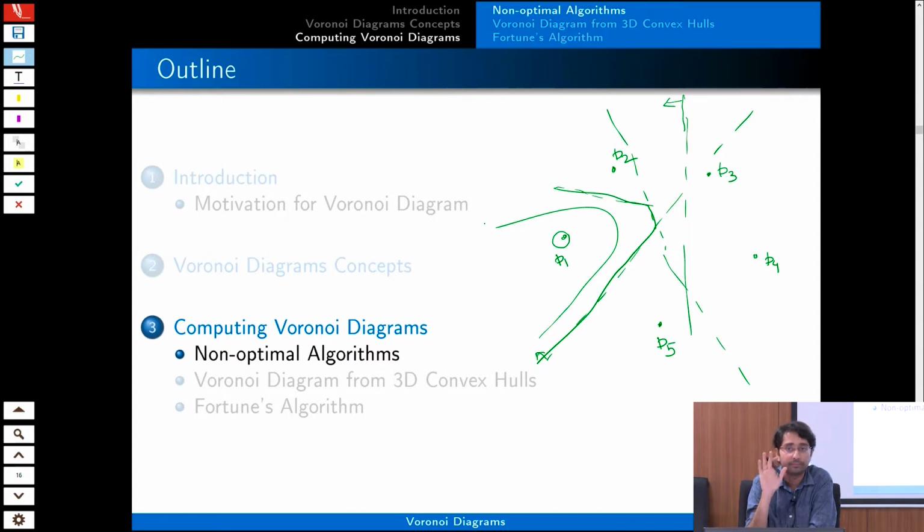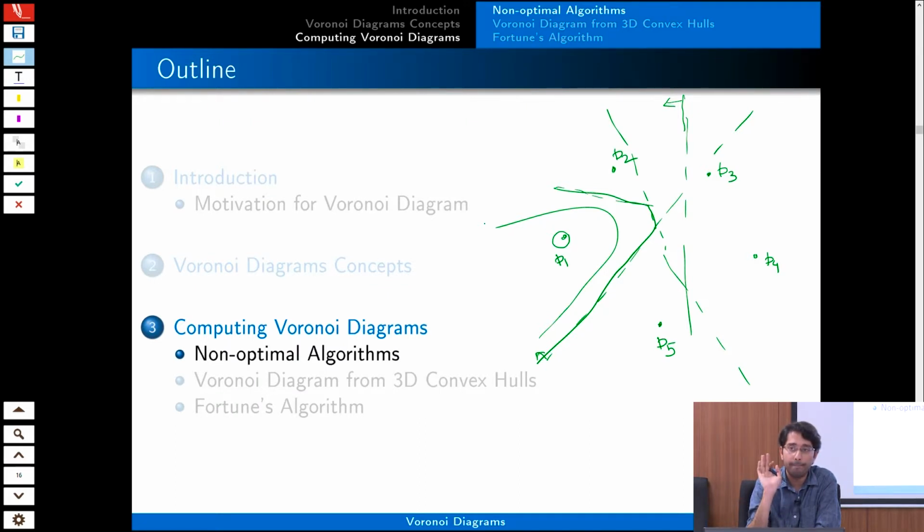Correct? And I can do it for all the site points, and I will be able to find the Voronoi region for all the site points, and eventually I will get the Voronoi diagram for all the site points.